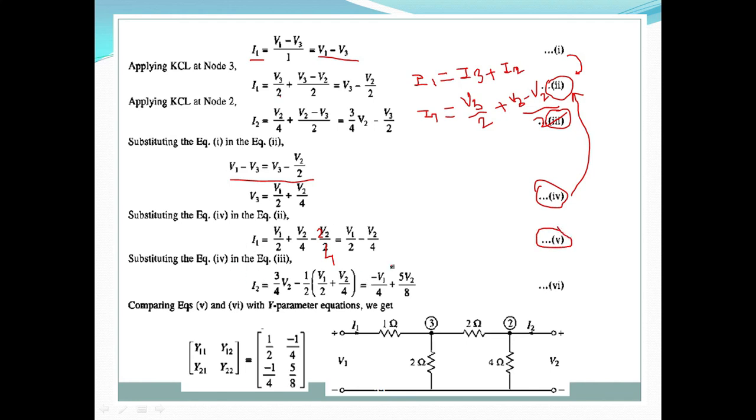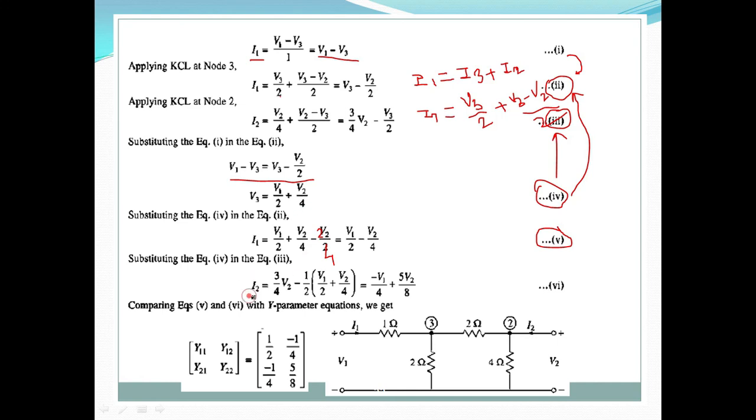So substituting equation number 4 in equation number 3, we get I2 equal to 3 upon 4 V2 minus V3 upon 2, where 1 upon 2 is taken common and V3 is equal to V1 upon 2 plus V2 upon 4.